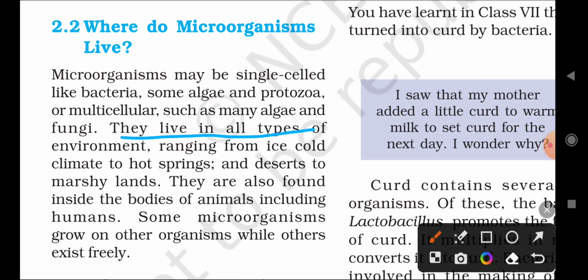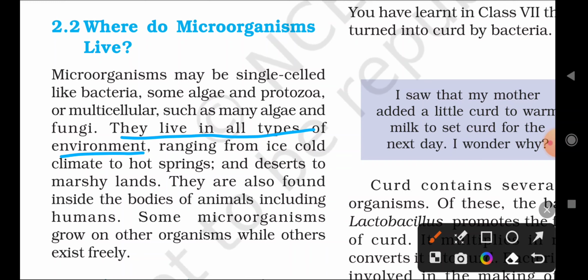They live in all types of environments. Microorganisms are not restricted to any area; they live in every condition on the earth. Everywhere on the earth they can survive and reproduce rapidly.